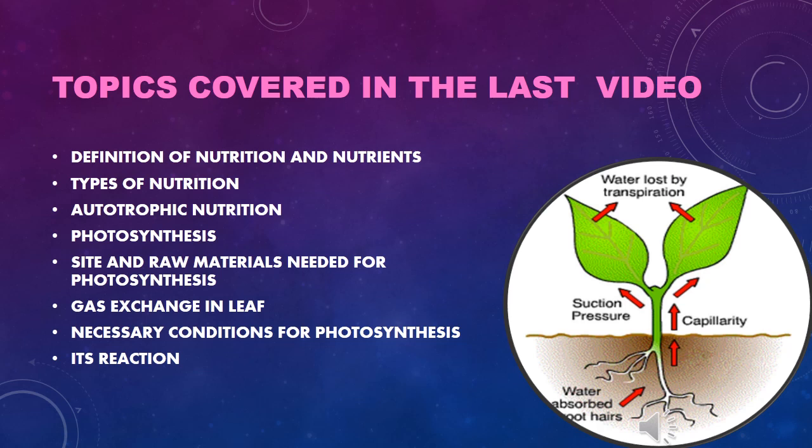After that, we also saw how the exchange of gases happens during photosynthesis, gases like carbon dioxide and oxygen. Carbon dioxide is taken in and oxygen is given out during photosynthesis, and this happens through the stomata.